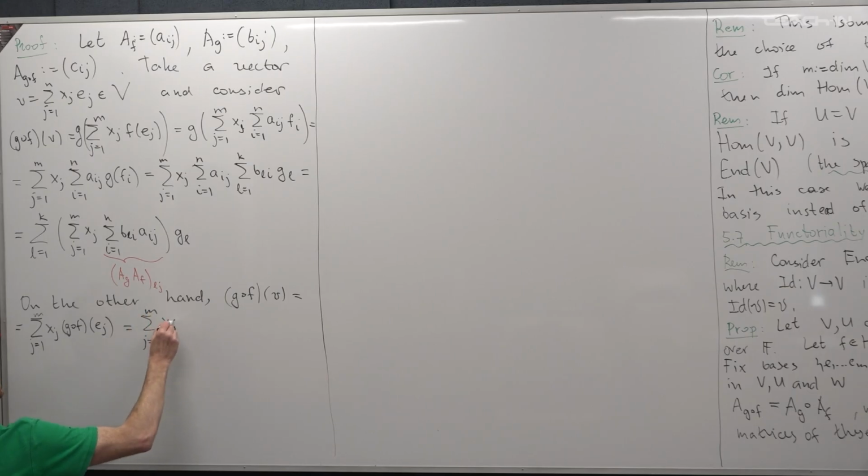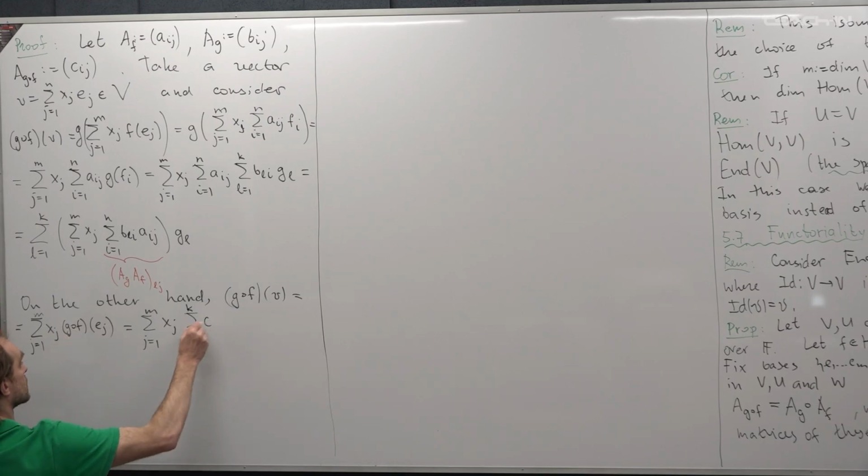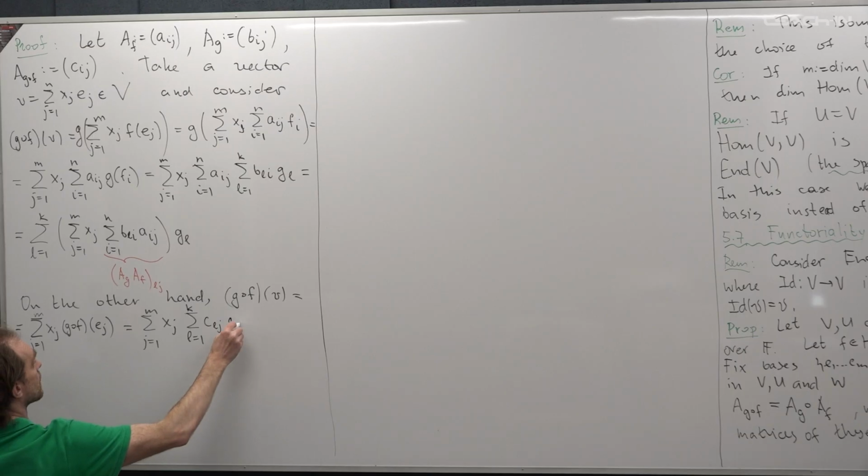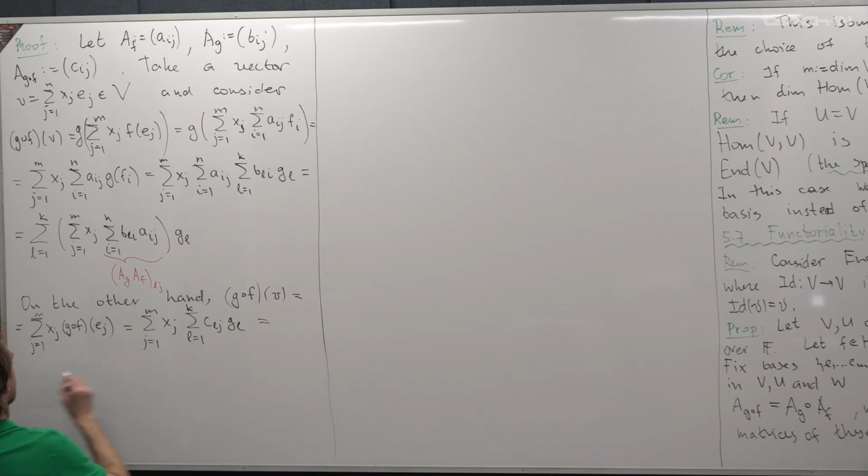So we get x sub j times the sum where l ranges from 1 to k, and here we get the elements of the matrix of the composition, denoted by c sub lj, multiplied by g sub l. So this is what we get, and I need to change the order of summation.